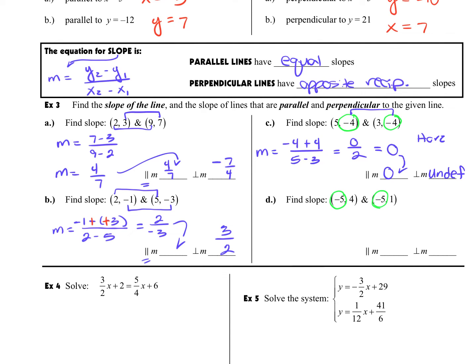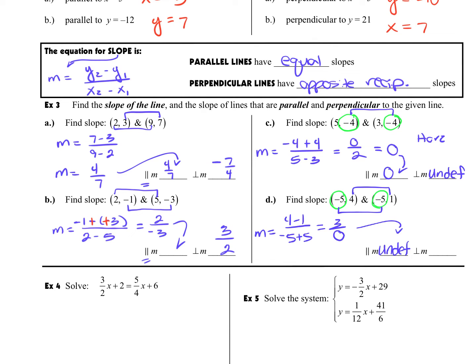Now, if we do our next one, difference in our y's, so we're going to do 4 minus 1. Difference in our x's, -5 minus a -5 is -5 plus 5. That's going to give us a 3/0. Now, of course, we're not allowed to divide by 0, so that means that this slope is undefined.